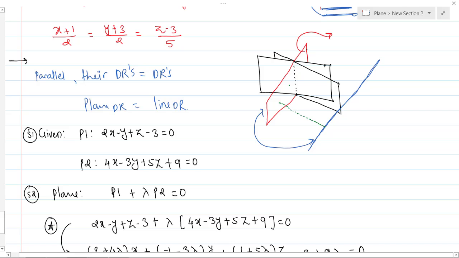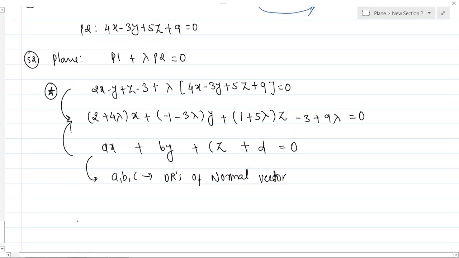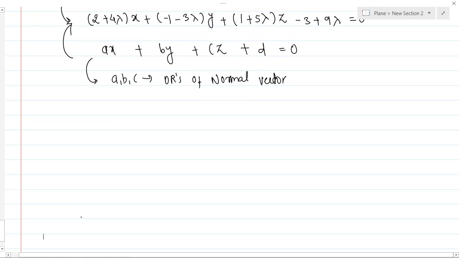If the line and plane are parallel to each other, what about the normal and the line? Definitely these two have to be perpendicular, 90 degrees. Perpendicular means the sum of the product of the direction ratios should be equal to 0.